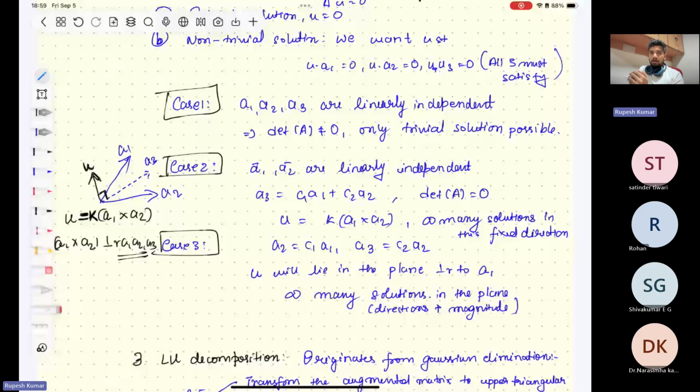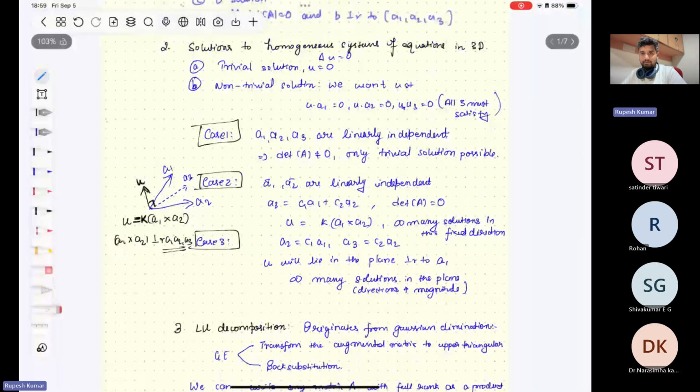Now, let's say they all are lying along the same single direction. Then you don't have one single direction along the normal; you have an entire space in which you can sample vectors. So you have infinite possible directions as well as magnitudes. Again, you don't have zero solutions; you have infinitely many possible solutions. This is what I'm explaining.